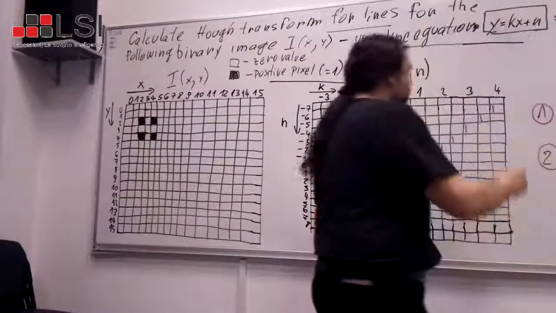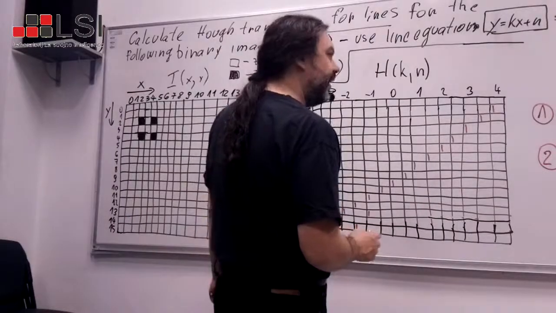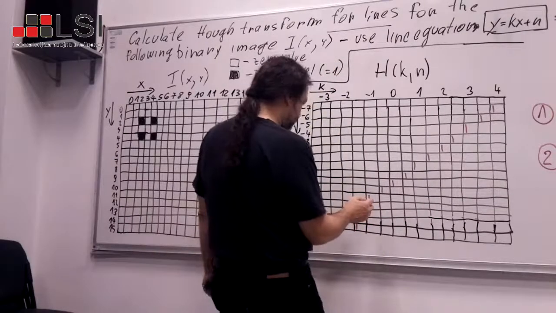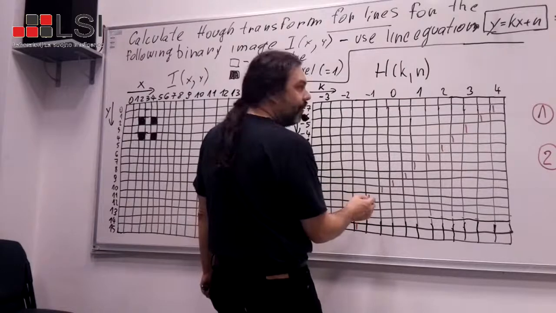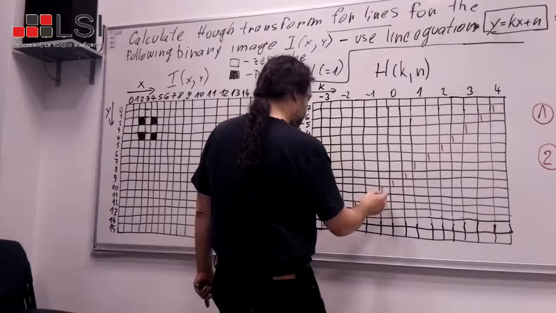So we can go back to our accumulator, and for k of minus 0.5, we have our solution of n here, 4.